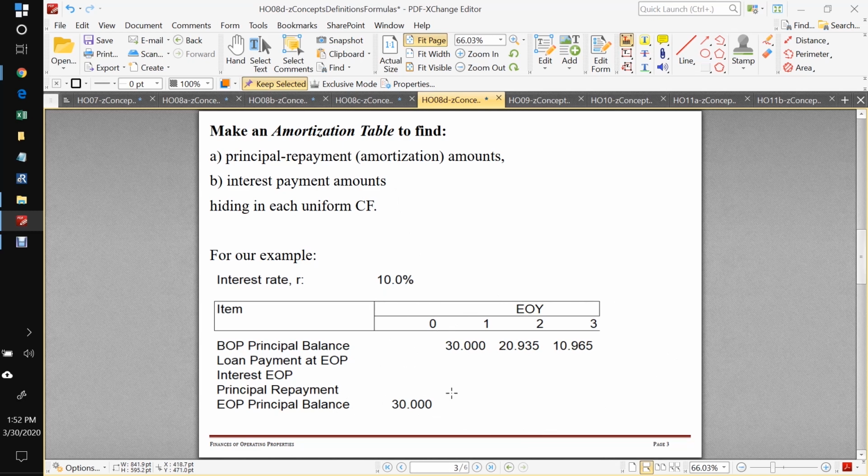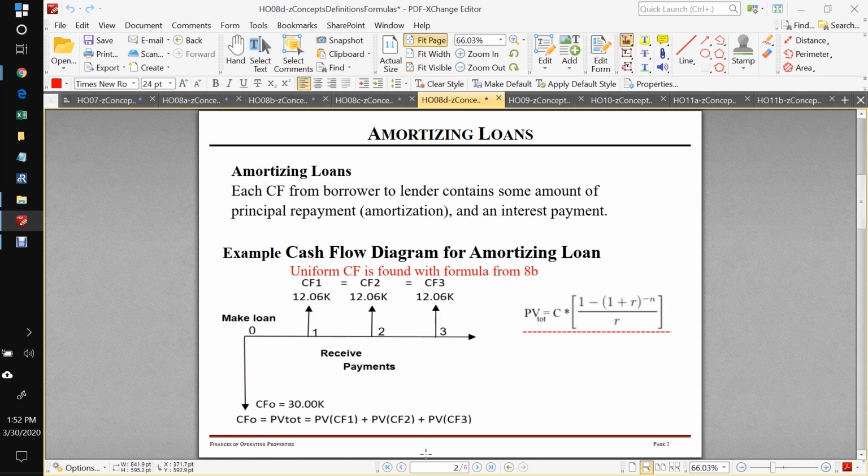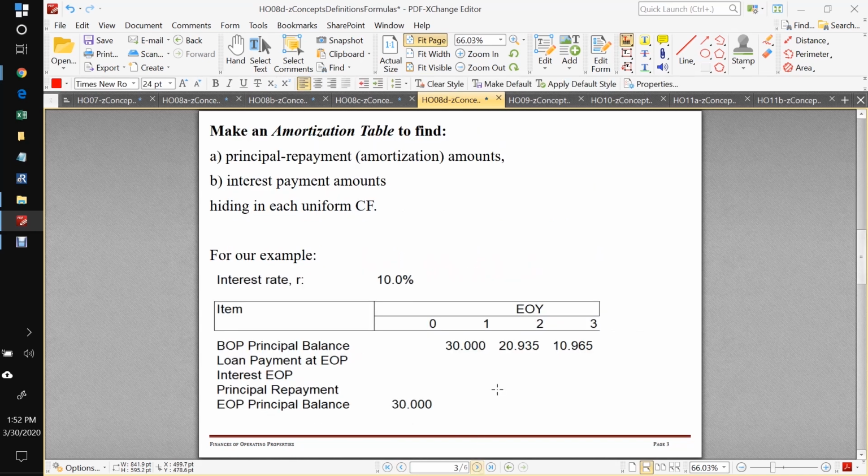We knew the interest rate in this case, and we knew how much was borrowed, okay? And then the loan payment using this formula, or because we already solved this for Mr. Small Net Worth, we could use what we already know, and we'd say the loan payment was equal to 12.063, and that's uniform, so that's going to be true in every case.